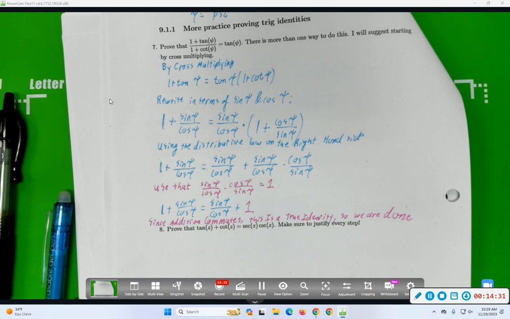So there's an idea. So try going through the steps on the left-hand side to get a common denominator and add those fractions and see what happens. Is that okay? Oh, sure.